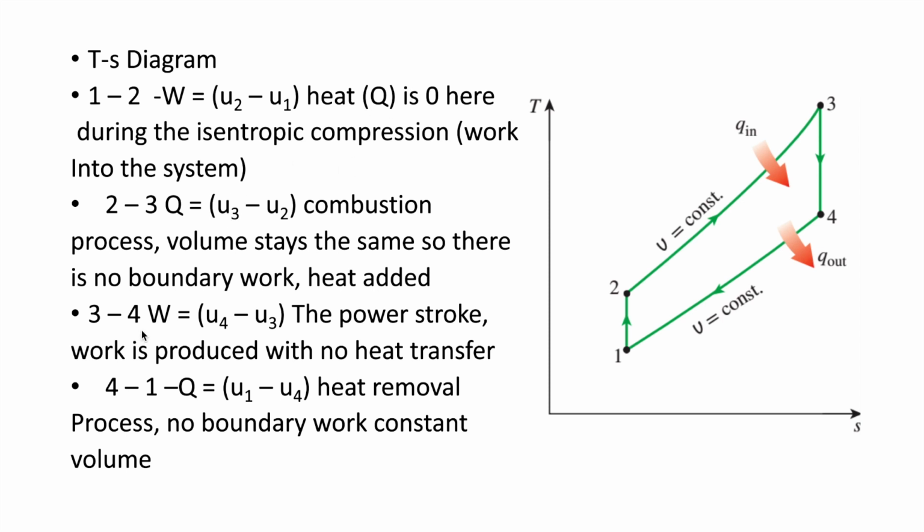And then here, the power stroke, we'll have the boundary work WB positive. For 2 to 3, there is no work because the volume stays the same, so the work term goes away. We're left with Q equals delta U, and in this case, it's positive. From 2 to 3, it's positive because there's heat going into the system. And then here, it's going to be negative because there's heat going out of the system.